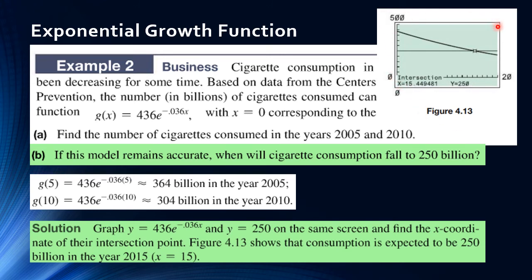You've got to make sure you can see both graphs and where they intersect in your calculator window. Notice the y-axis goes from 0 to 500, and the x-axis goes from 0 to 20. You can kind of figure that out by the data we're looking at. We see that we had data of 364 billion, 304 billion, and we're looking for 250 billion.